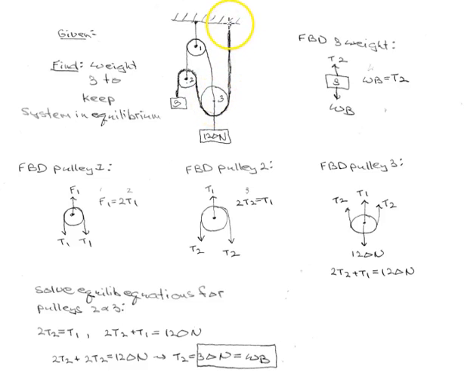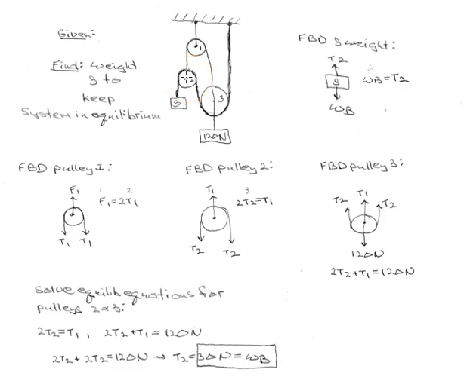Then we have like a big cable or a chain. It's drawn in a heavier line here. So it's attached to the ceiling and it goes under pulley 3, over pulley 2, and then it's attached to a weight B. In addition to all that, we have a weight of 120 newtons hanging off the center line of pulley 3. So we have two continuous cables, so to speak.